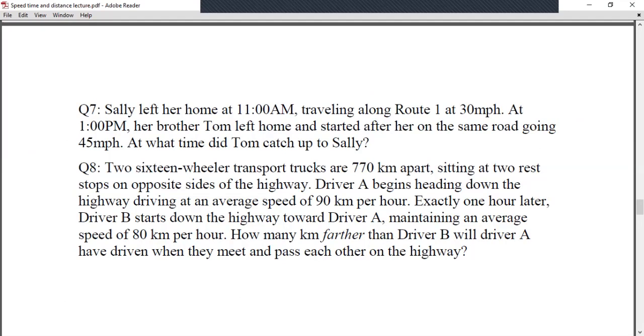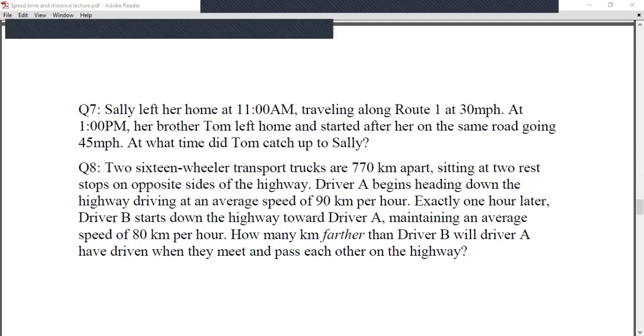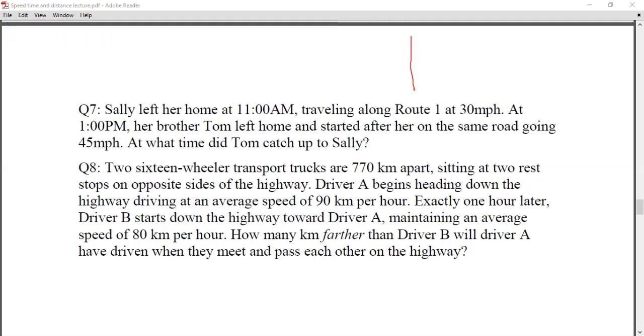The thing you have to remember here is that her brother Tom left home at 1 p.m. and Sally left her home at 11 a.m. So we can reduce this into a route diagram. Let's say Sally: the distance covered by Sally is given by this.